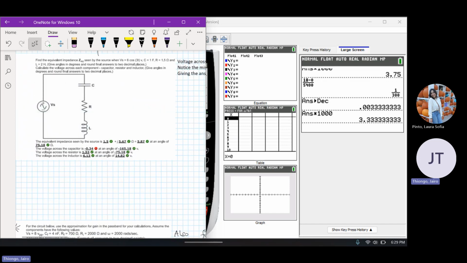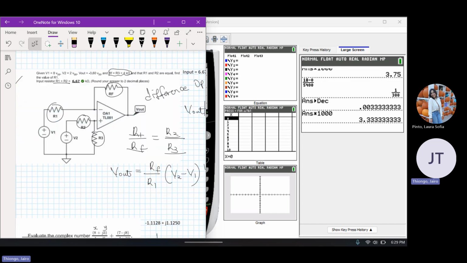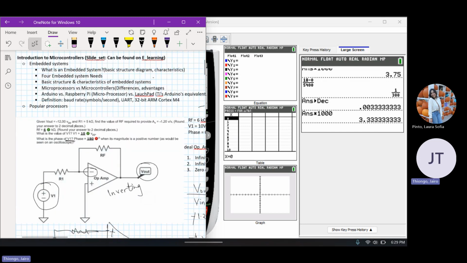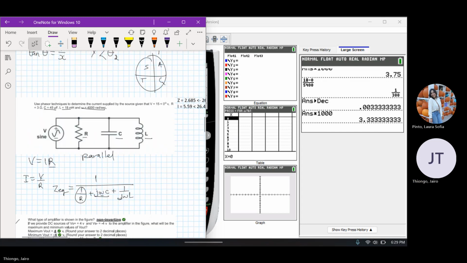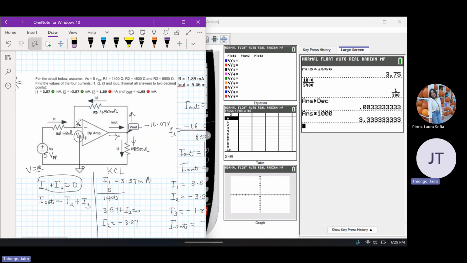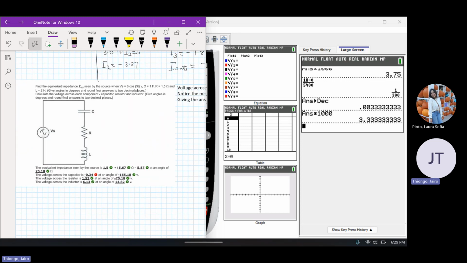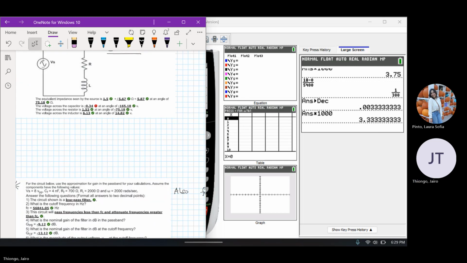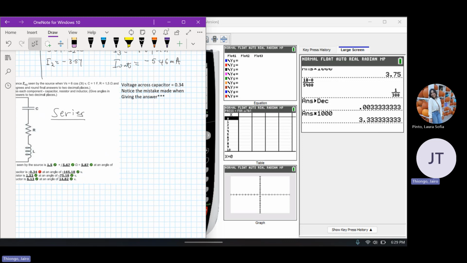This question looks familiar to the one we did before, just that this time our components are connected in series. When our components are connected in series, we still have to use the V equals IR formula, but in this case we have more components. This is a capacitor, this is a resistor, this is an inductor, and so we have V equals I Z equivalent.